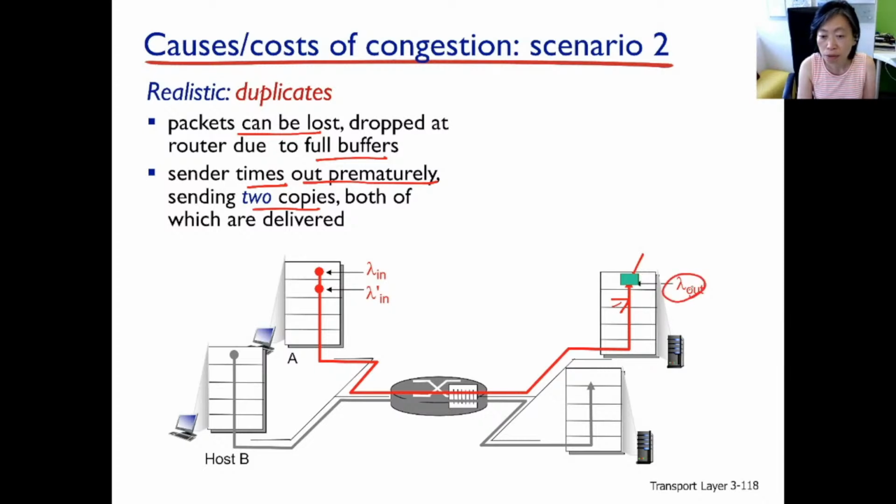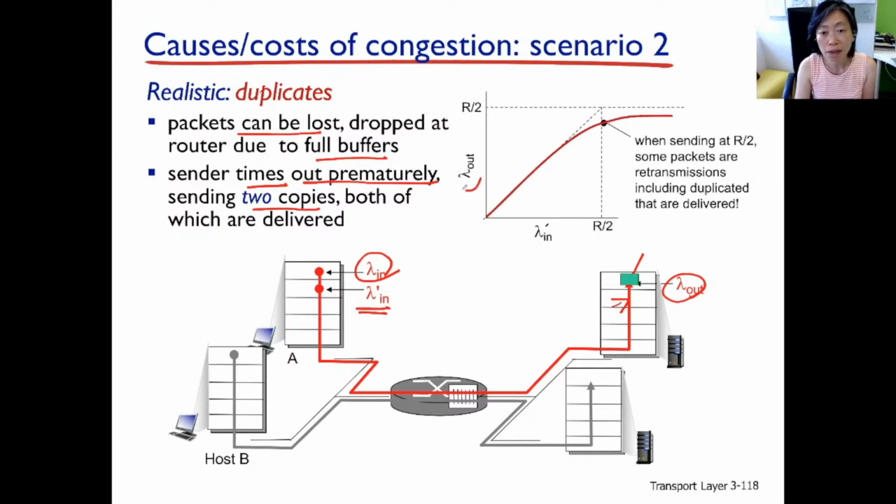So lambda out remains the same as lambda in, but we see here the lambda in prime is going to be higher than the lambda in prime in the previous assumption, where we do not assume the timer can go off prematurely. So the performance of lambda out here, as lambda in prime increases, is going to be slightly worse. The margin here is going to be bigger because what? For lambda in prime here, we need to take into account the retransmissions. Now we also need to take into account the duplicates that are not really necessary.